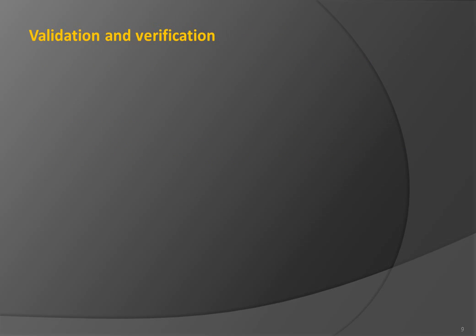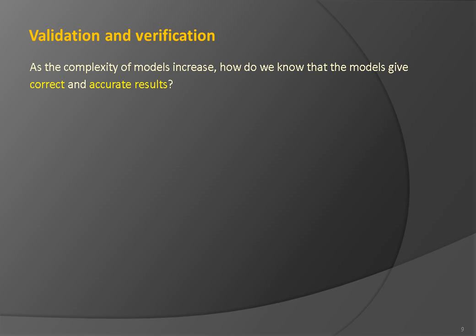Validation and verification. As the complexity of models increases, we have to pose the following questions. How do we know that the models give correct and accurate results? Just relying on the software capabilities is clearly not sufficient. All sorts of things can go wrong, even if the software is perfectly adequate for the intended use.